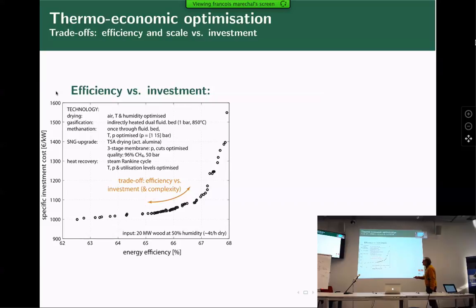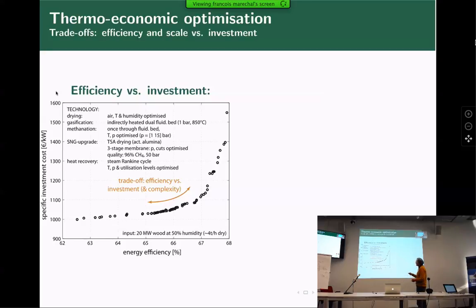And here I have generated a list of solutions. Okay, so this is a set of solutions that corresponds to different operating conditions in the system, pressures, temperatures, etc., and the flows as well. So what is interesting here is that you have the list of options as a function of the efficiency.